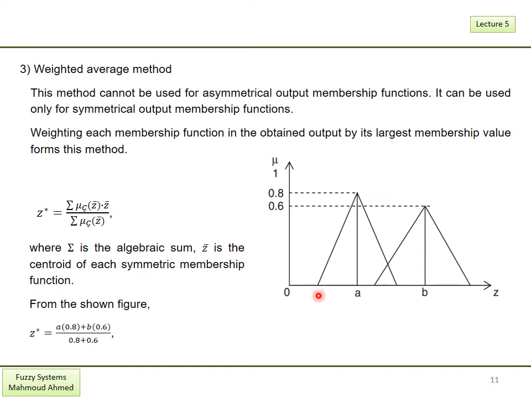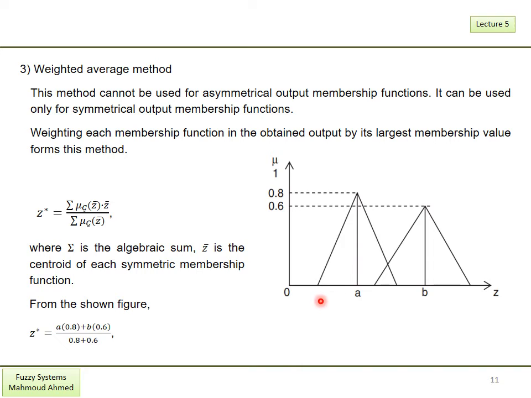So we can find here we have a triangular membership function, and we can see this is the same distance as on the other side. Both sides are equal, so we obtain here a symmetrical membership function for both functions.